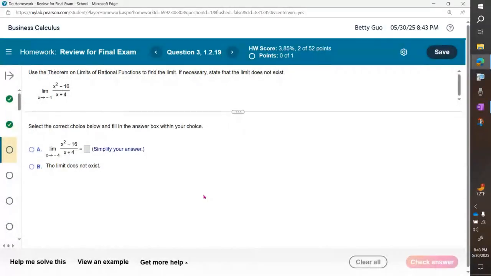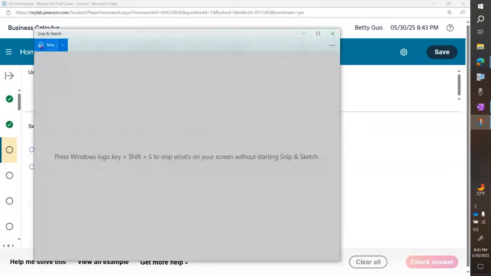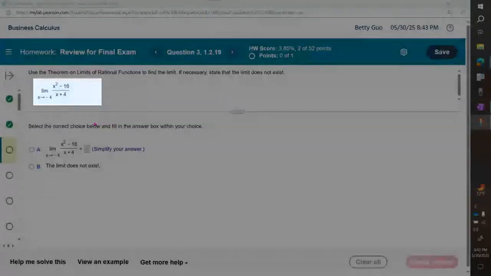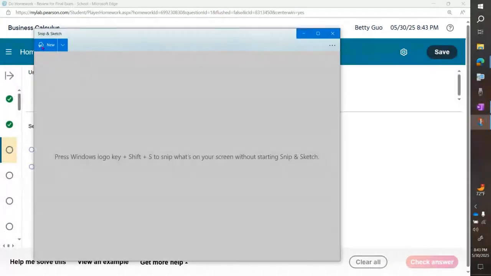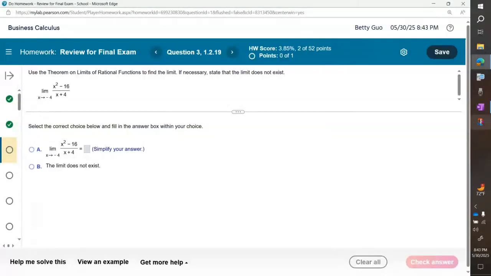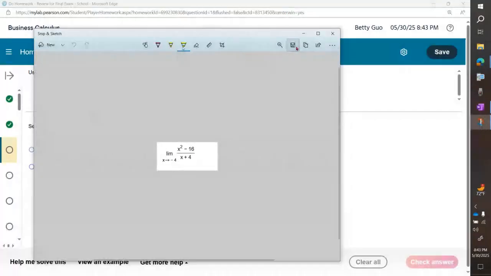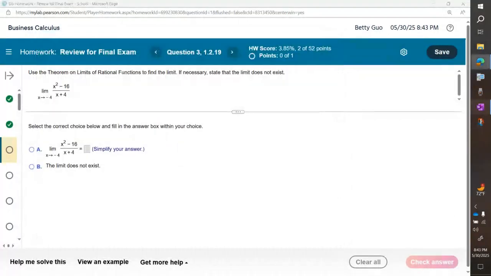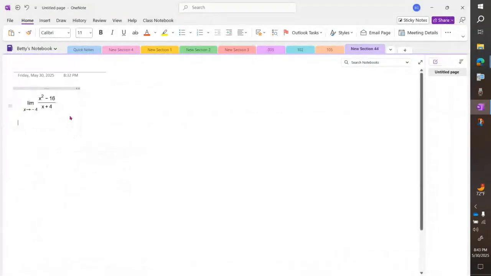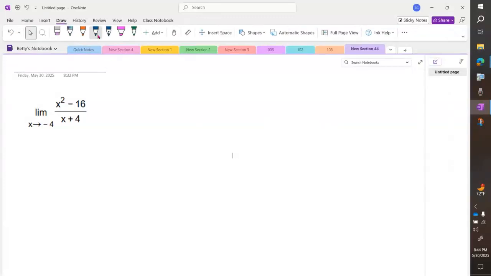Question number 3. We need to find the limit of the rational function here. If we plug in x equals -4, we'll see the numerator is 0, the denominator is also 0.